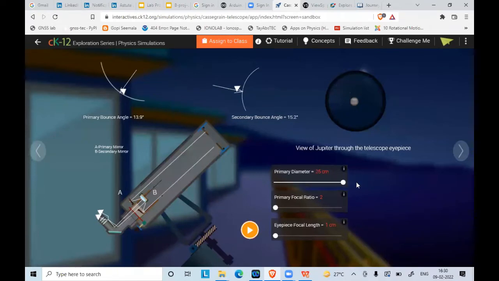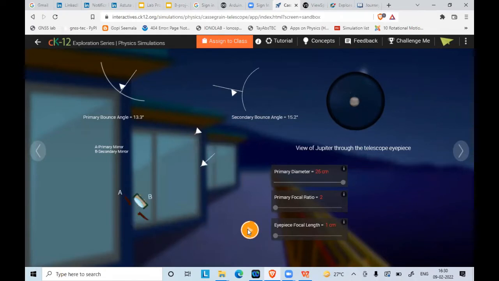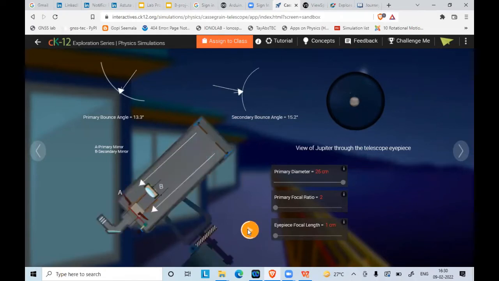I'll move it to 25 centimeters. I want you all to observe. So Jupiter becomes bigger, so magnification increases slightly, but apart from that, do you observe anything else? Okay, I'll again go back to a diameter of 10 centimeter.